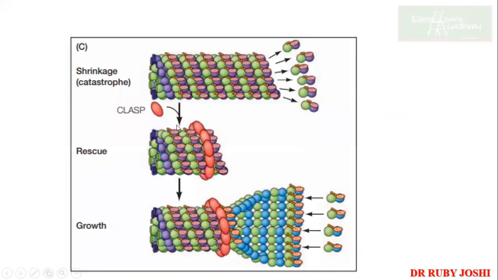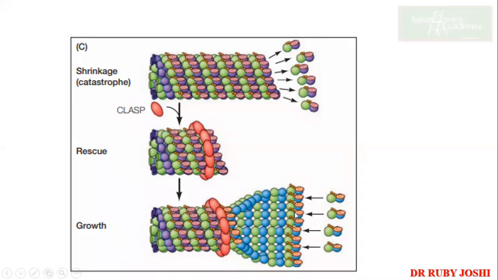Okay, for example here all of a sudden this GDP bound catastrophic depolymerization is happening. So this CLASP protein will come, hold onto the depolymerized state of the tubulin and help in further growth by bringing GTP bound tubulin molecules.